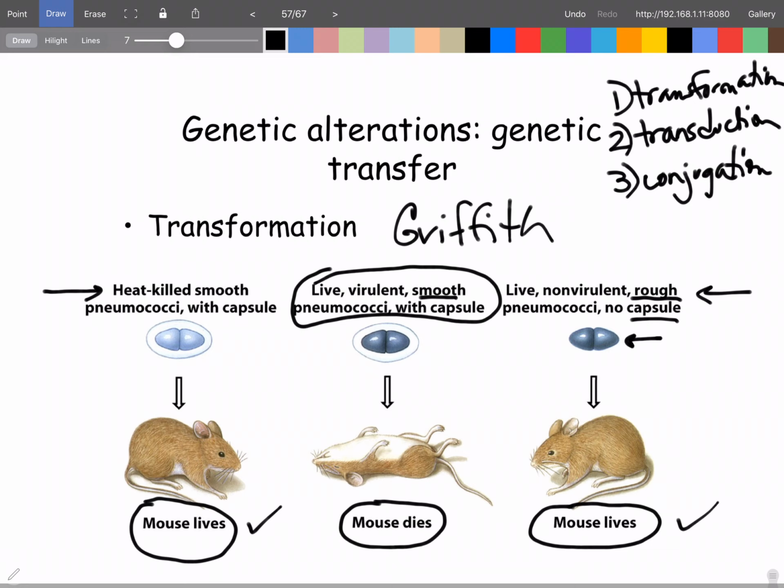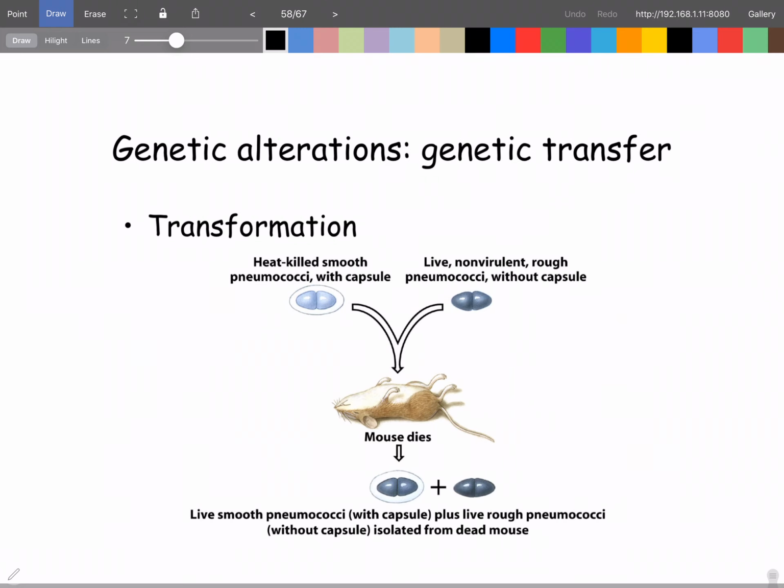Griffith did an experiment, maybe not a control, to see if he could increase the efficacy of the vaccine by mixing these two vaccine candidates together.